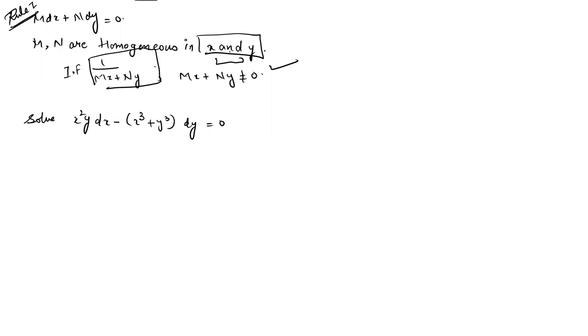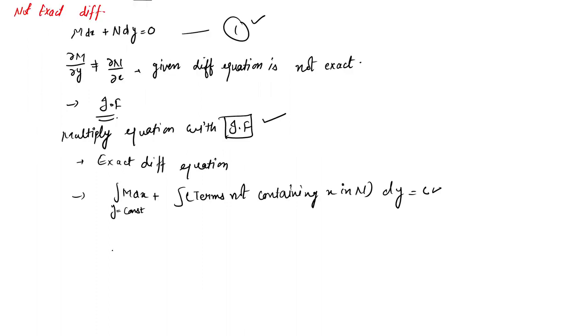First of all, what is our first thing? We will check whether this equation is exact or not. If your equation is exact, then the solution is directly given by this.